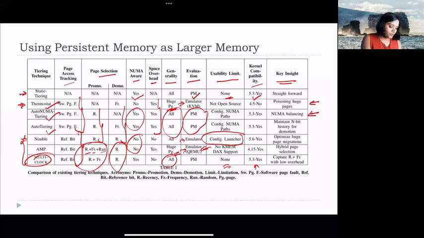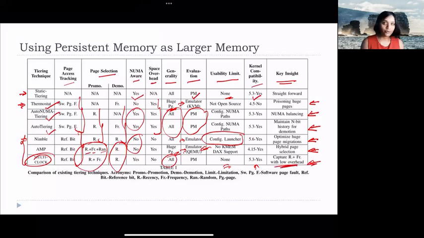For AutoTiering, the key insight was to maintain an n-bit history for demotion. Optimization for huge page migration was the key insight behind Nimble. Hybrid page selection is the key insight behind AMP. And the key insight of one of our works is to capture recency and frequency both at a very low overhead.